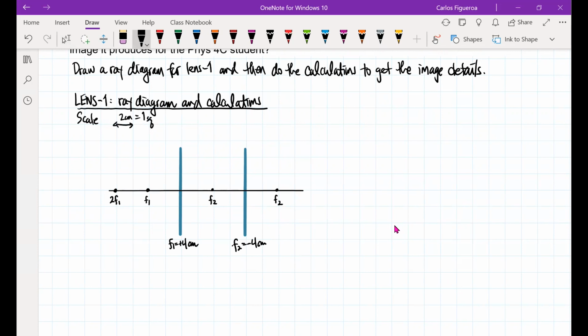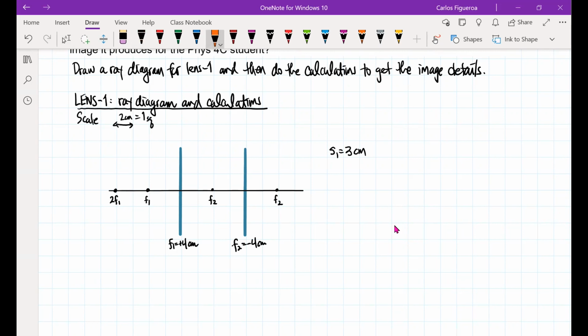What I'm seeing here is that it stands 3 centimeters in front of lens 1. So that means S1 is 3 centimeters in front of lens 1, but this is a converging lens, so this lens is going to produce a virtual image.